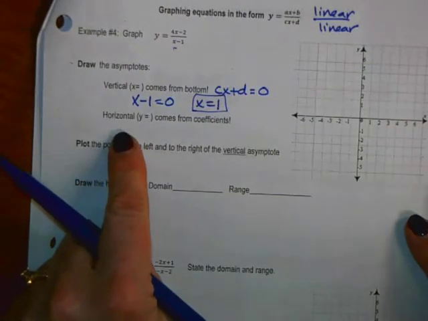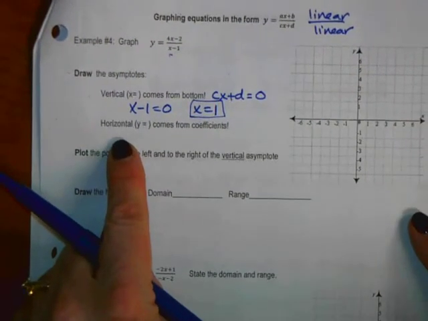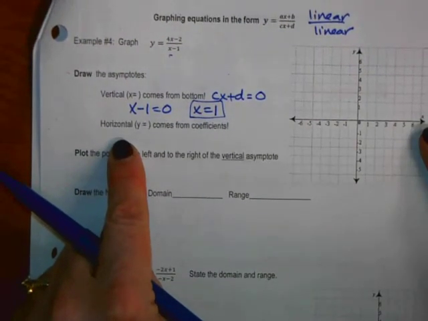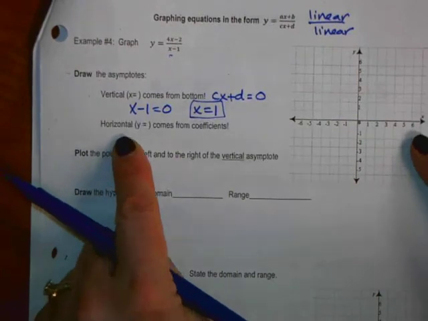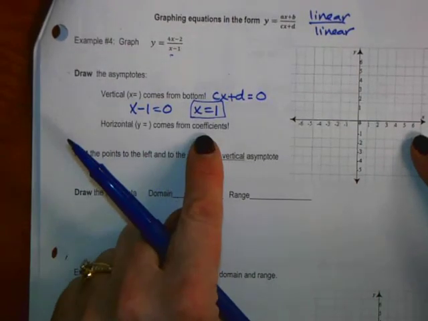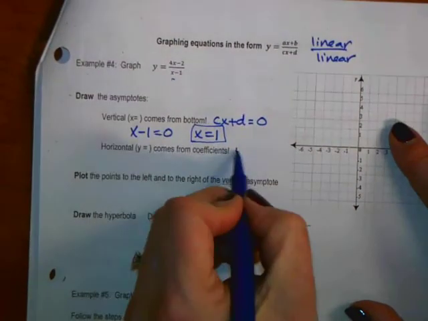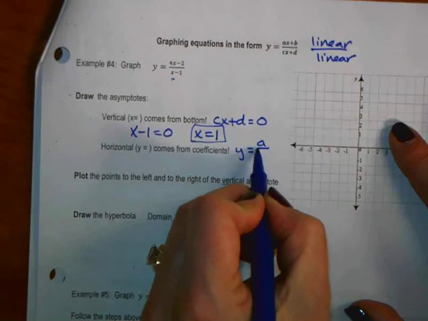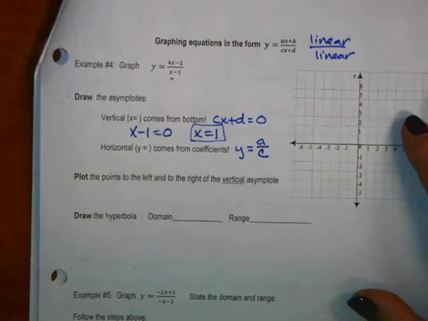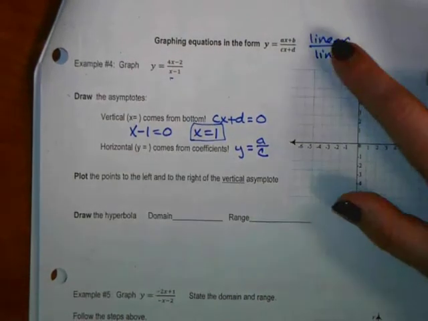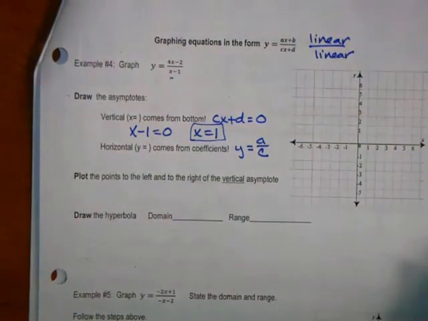Now the horizontal asymptote is slightly different. The horizontal comes from the coefficients in the front. So y equals a divided by c. Do you see where a and c are up here?